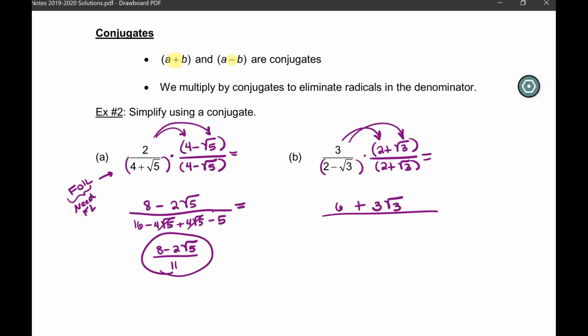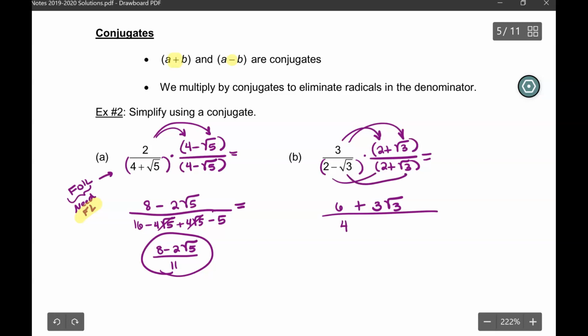And now in the denominator, you could do the whole FOIL, but remember what I told you, really just need the first and the last. So 2 times 2 is 4. Minus root 3 times a plus root 3 would be just minus 3. So I get 6 plus 3 root 3. In the denominator, I just get 1. So I'm just going to leave it like that.